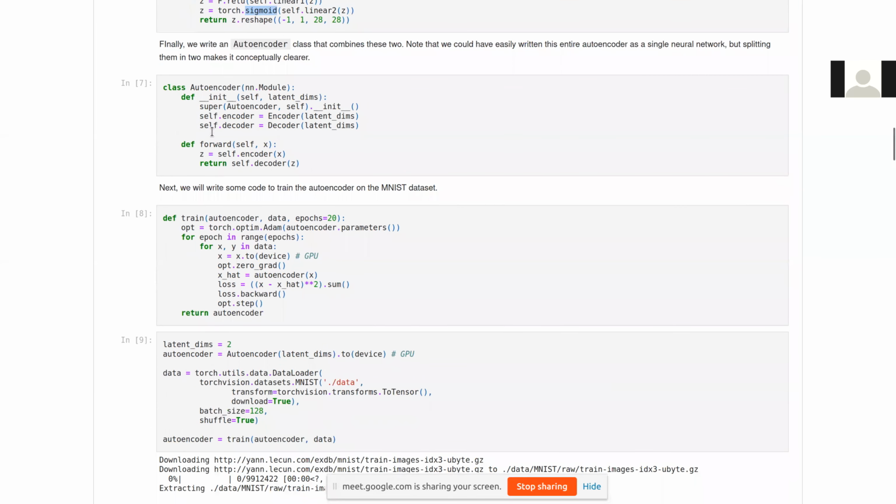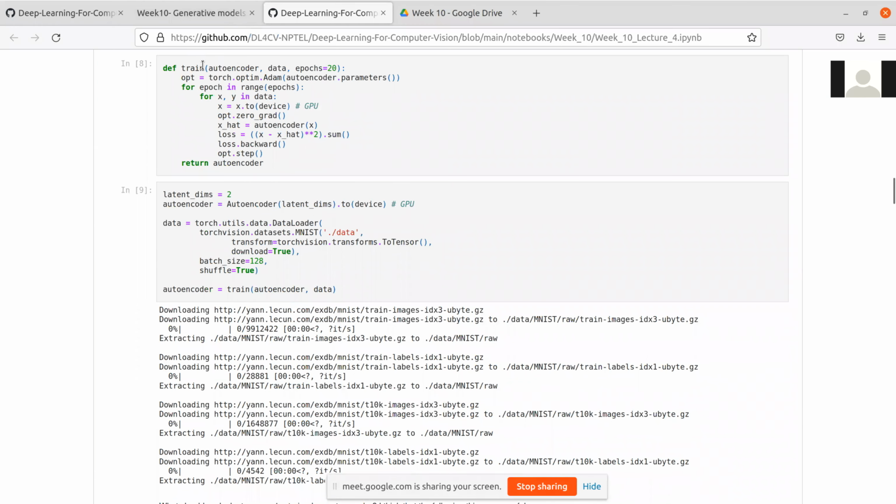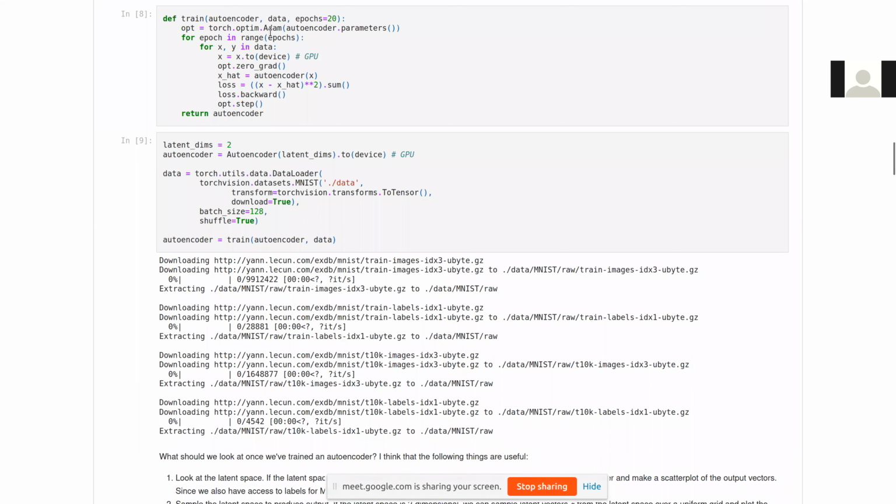Okay, once we have this encoder and decoder, this is how we have created the autoencoder, and now training the autoencoder is simple. So for that, what we need is we need data. Once we have the data, we need an optimizer. So here the optimizer is added, and we are optimizing all the parameters of the autoencoder.